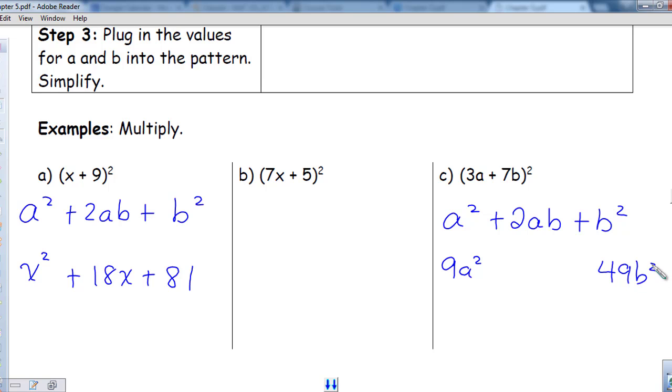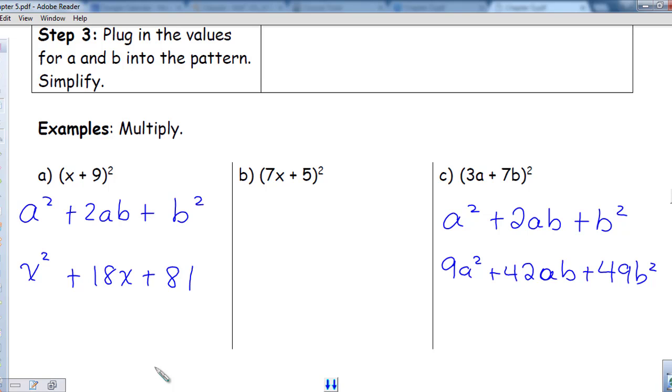And in the middle, I need 2 times 3a times 7b. That's 42ab. 3 times 7 is 21, times 2 is 42, and then a and b.